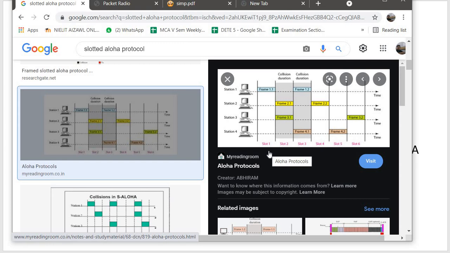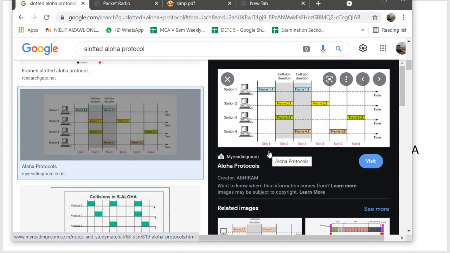Let me repeat that. An improvement in this slotted aloha to the original aloha protocol is that it introduced discrete time slots and increased the maximum throughput. Stations can start transmissions only at the beginning of the time slot. Okay, if the time slot starts, then it can start the communications, it can start the data transmissions, and thus collisions are reduced.